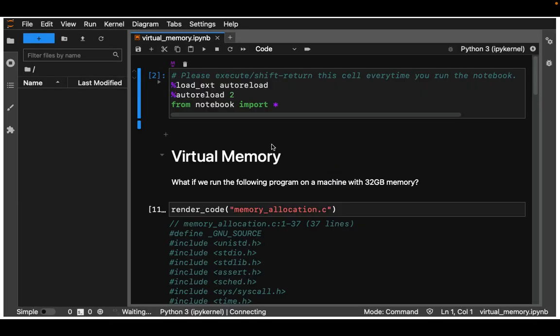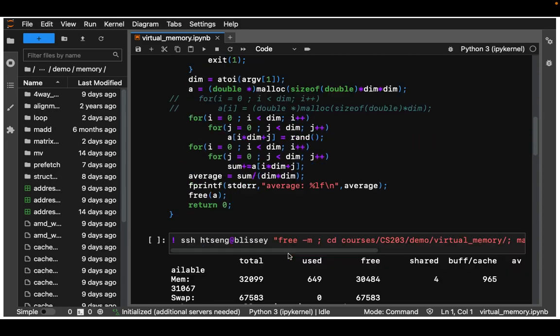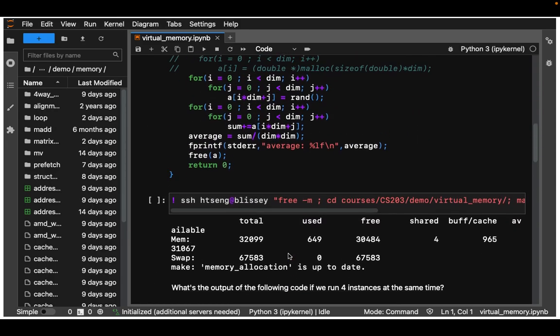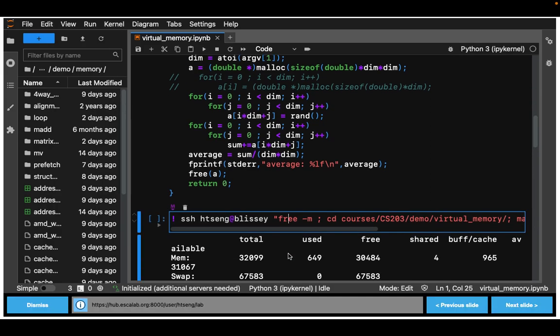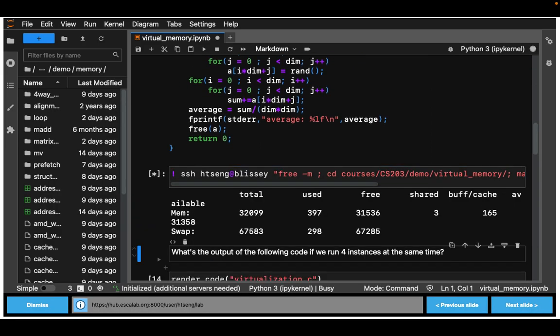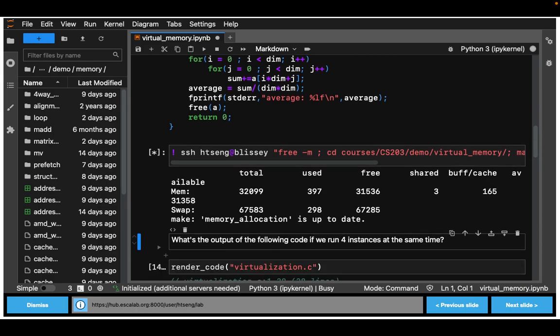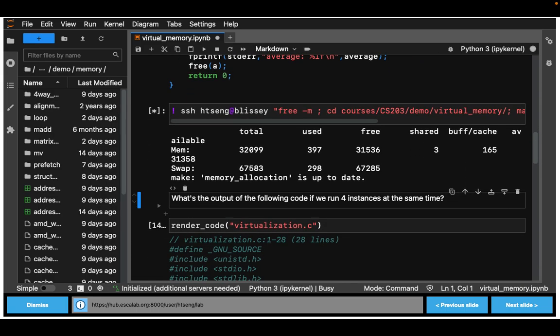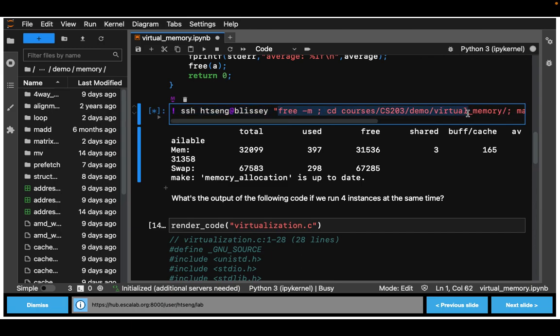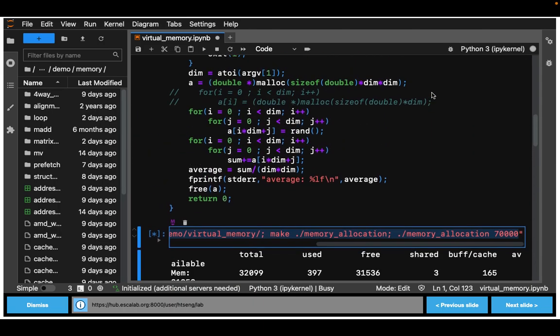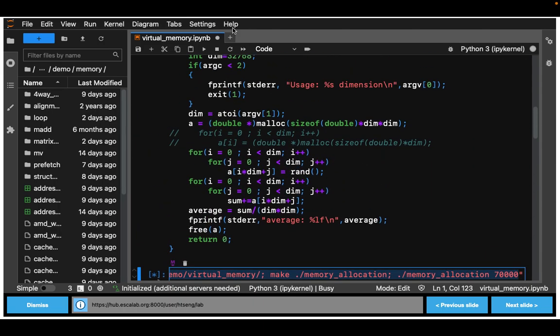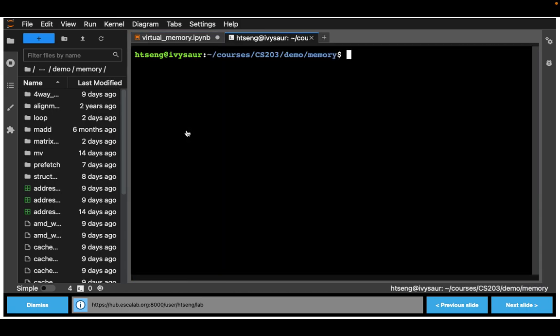So the last time we ended at this one, right? If we have a program that consumes a large amount of memory, which surpasses the capacity we have, then what's going on? Let me do this on the real machine. For this particular program, if you count it carefully, this is the same code that I have.